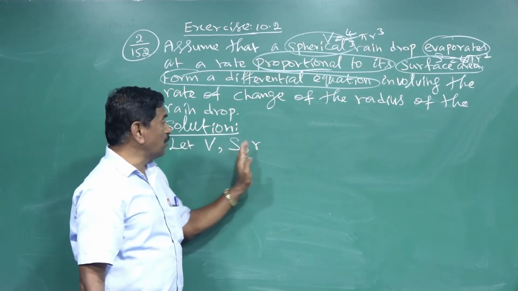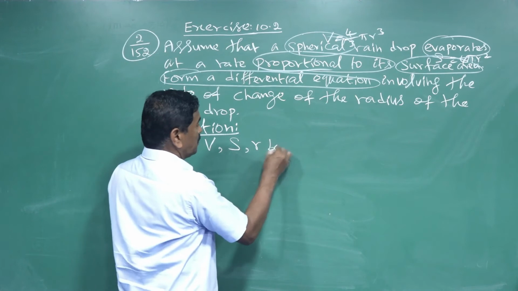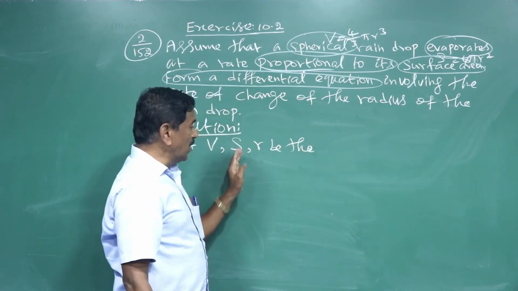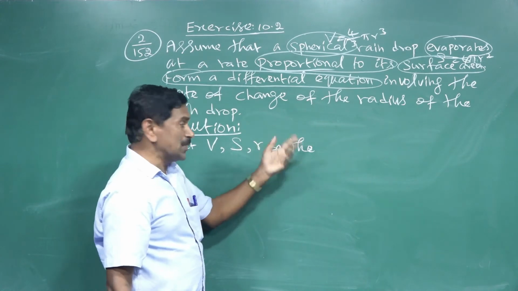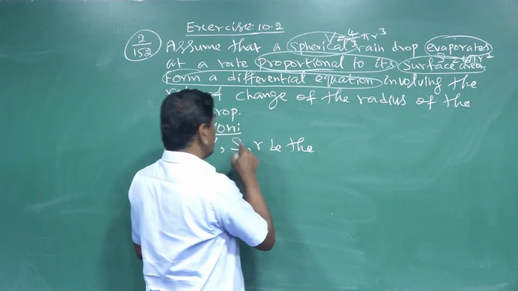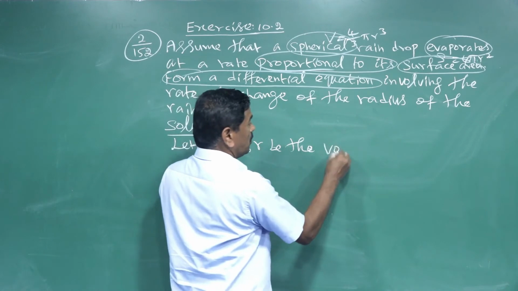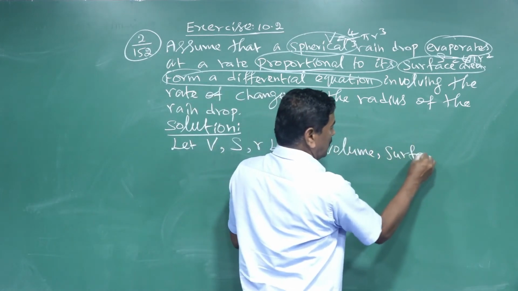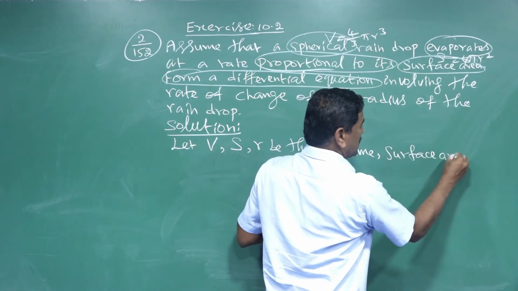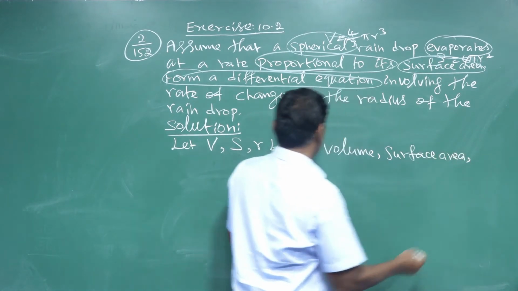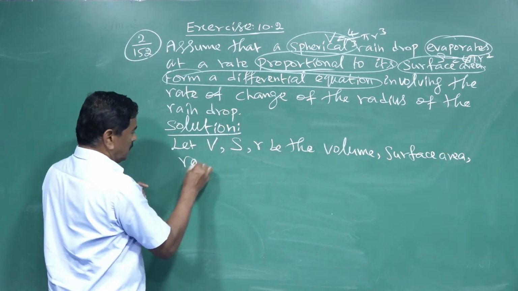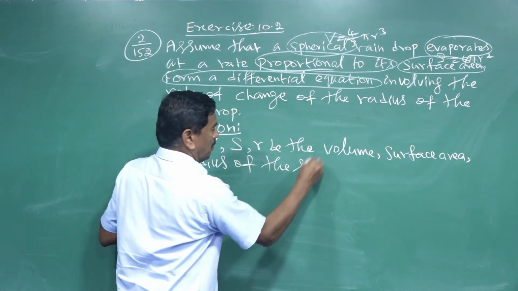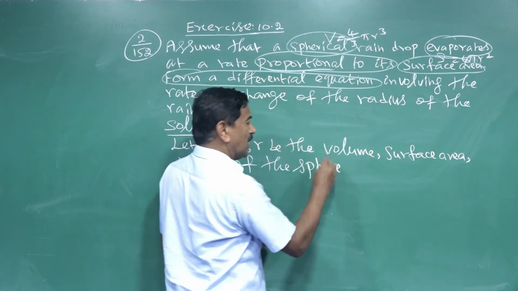Let V, S, r be the volume, surface area and the radius of the sphere respectively.